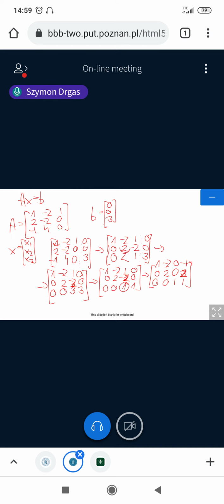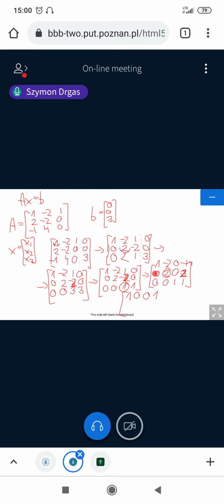And finally we use this pivot to eliminate the entry above it, so we need to add the second row to the first row, so the result will be 1, 0, 0, 1.